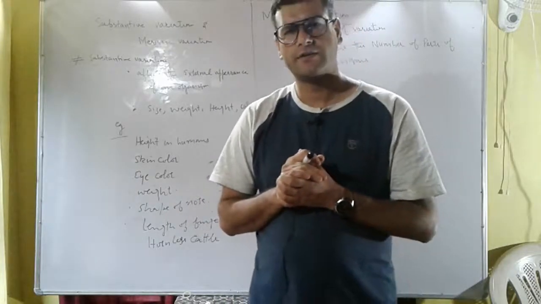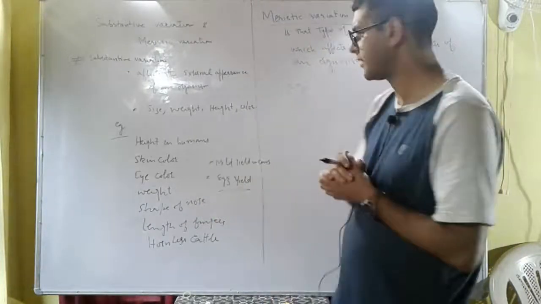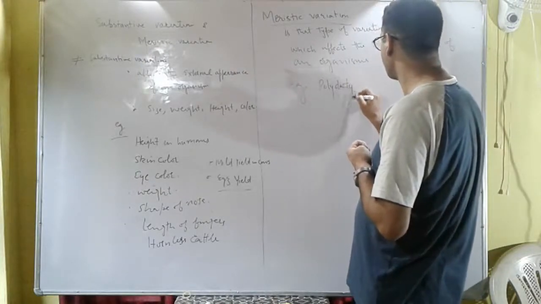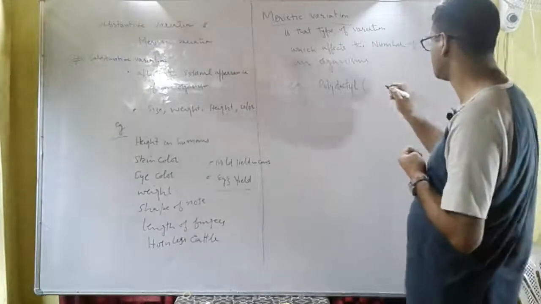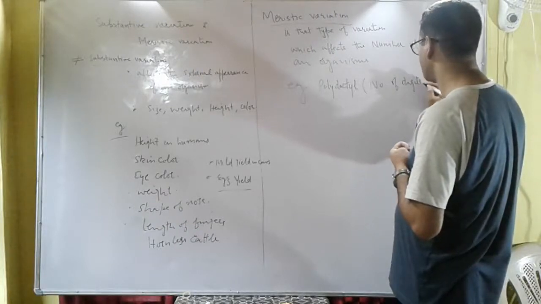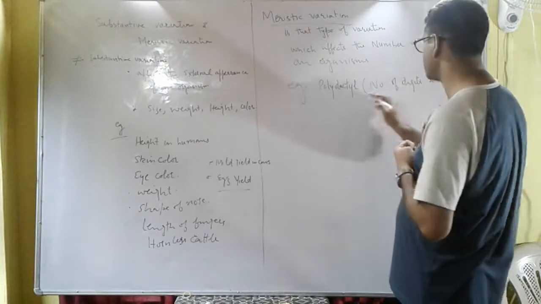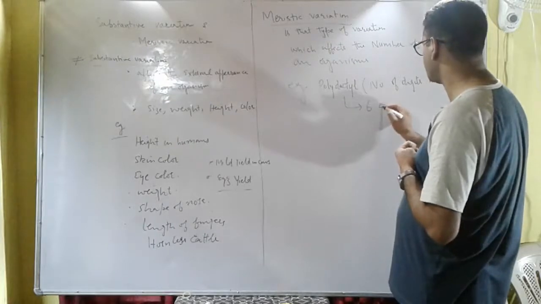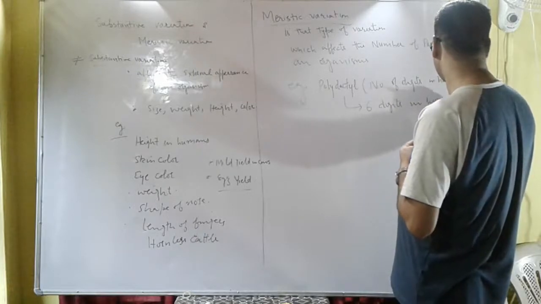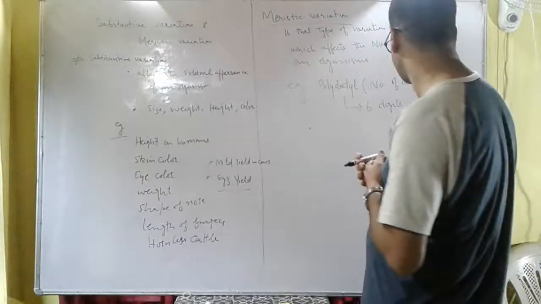So polydactyly is an example of meristic variation because it affects the number of parts of an organism. Polydactyly is 6 or more digits in humans.